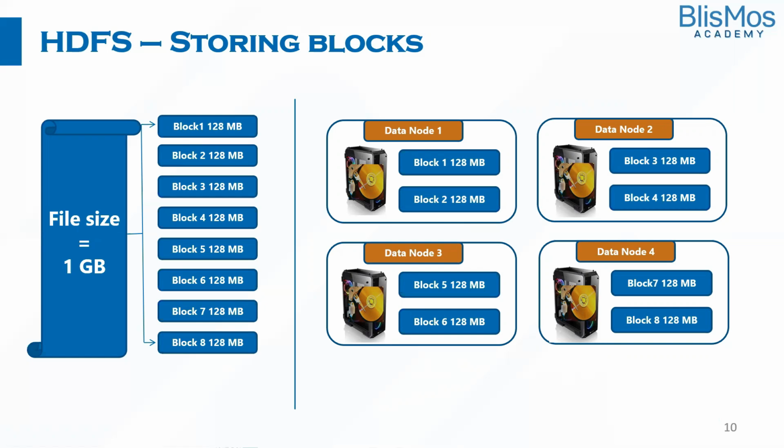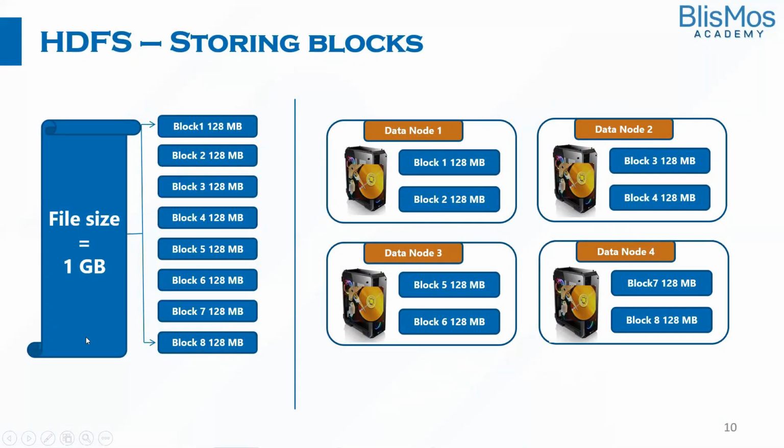So 1 GB of data, which is split into 8 blocks, would be stored as a part of 4 data nodes. This is another representation. What we want to show here is how the data will be distributed. It is not necessary that all the blocks get into one particular data node.